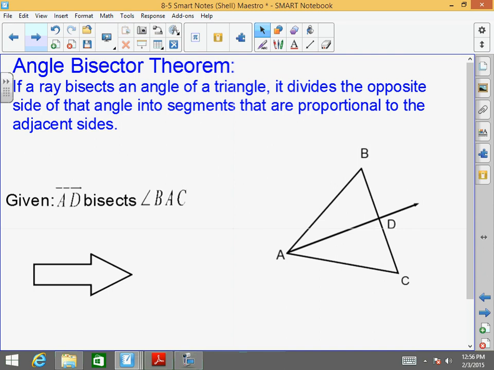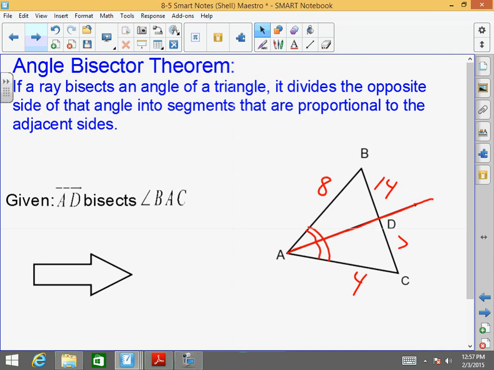Okay? So what's happening here? I have this ray, and it's bisecting angle BAC. So that means that BAD is congruent to CAD. We know what bisect means. But what the angle bisector theorem states is, since AD bisected BAC, let's say I put whatever, let's go 14 and 8, and then let's go, I don't know, 7 and 4.